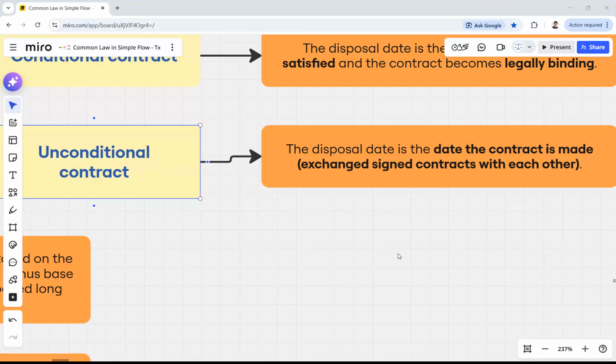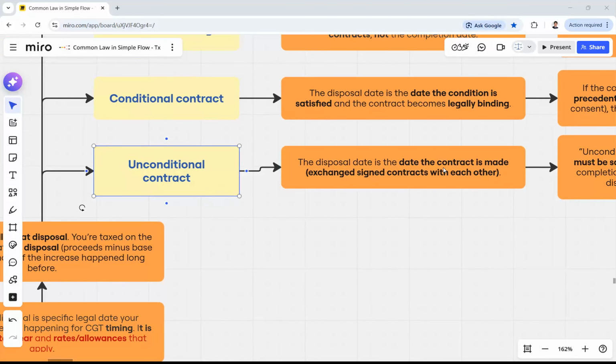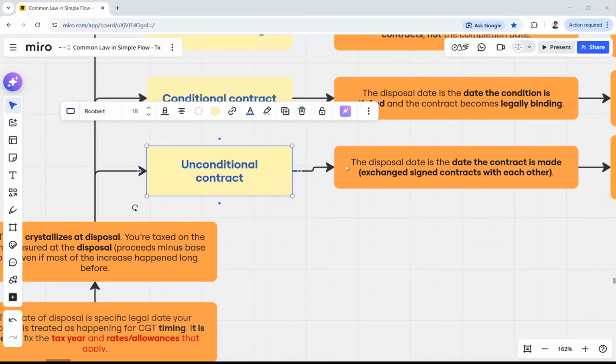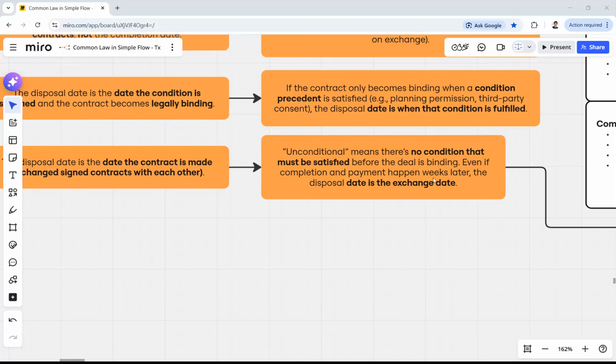Unconditional contract. The disposal date is the date the contract is made, exchanged, signed contracts with each other. So when there are no conditions in the contract itself, the disposal date will be the date when the contracts are exchanged. Unconditional means there is no condition that must be satisfied before the deal is binding, even if completion and payment happen weeks later.